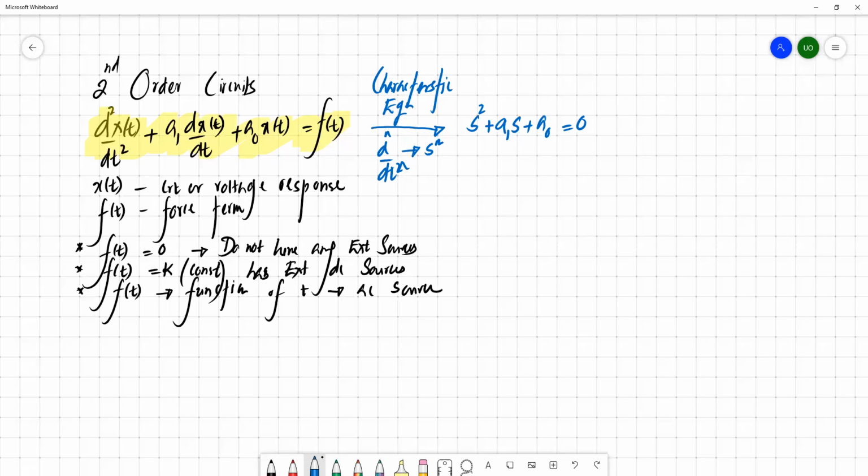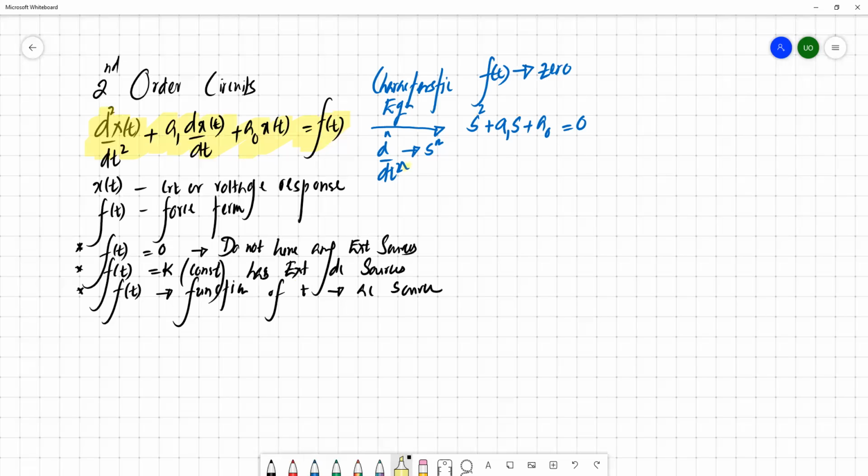So how do you get the characteristic equation? First, let f(t) be 0. Then we have a second order differential equation with a 0 right hand side. Then the characteristic equation can be easily obtained by this particular substitution.